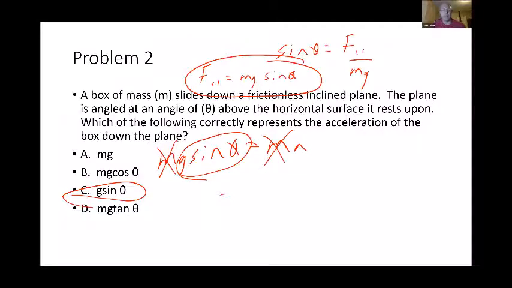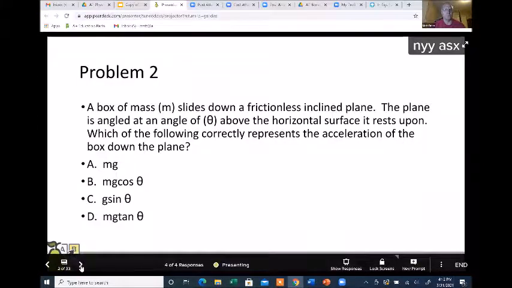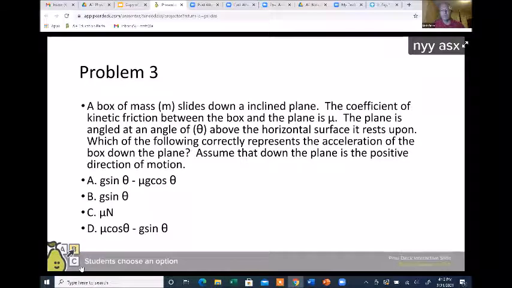All right, let's go back to the Pear Deck screen then, and let's try one more similar problem. So you guys, this is similar. Go ahead and take a stab at number 3. Going to work very similarly to 2 with just one added wrinkle. So again, take a stab at number 3.